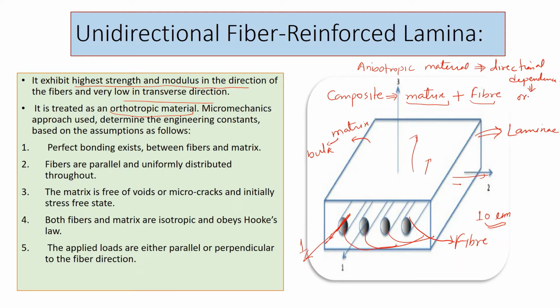Orthotropy is a subset of anisotropy, where we have 9 unknowns.